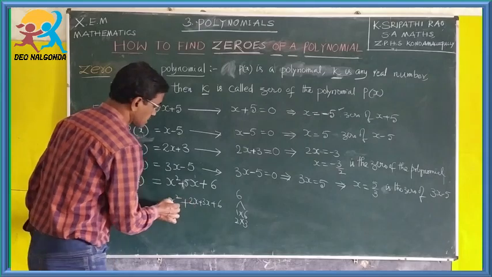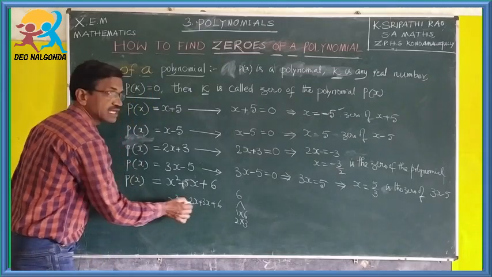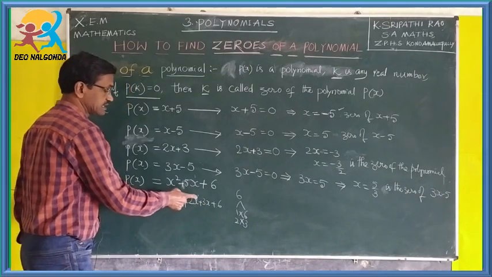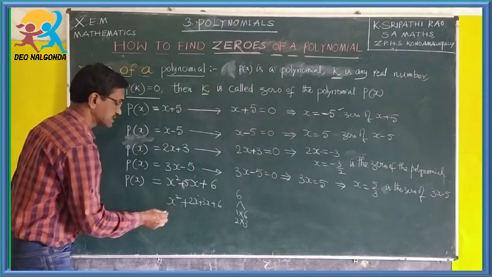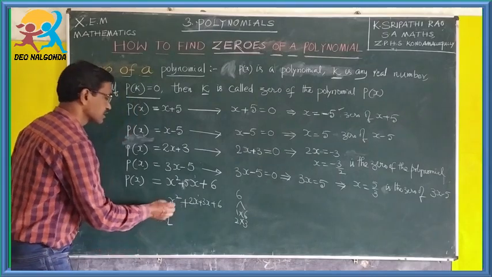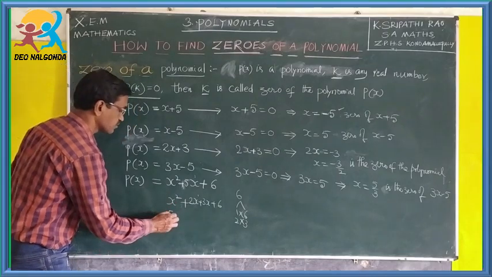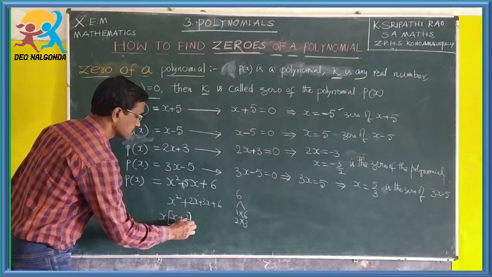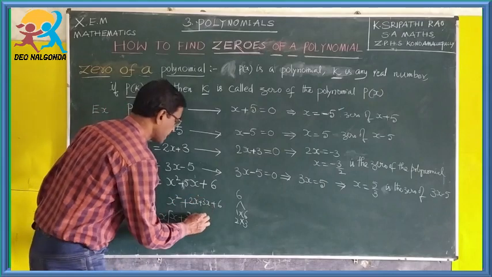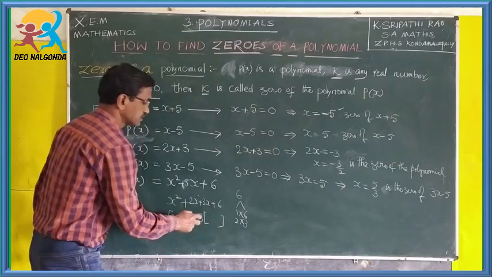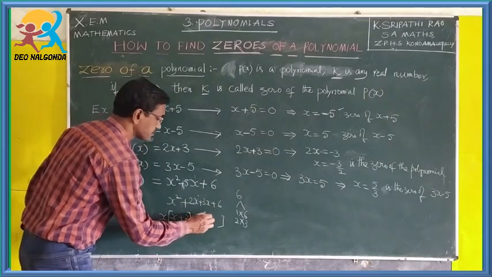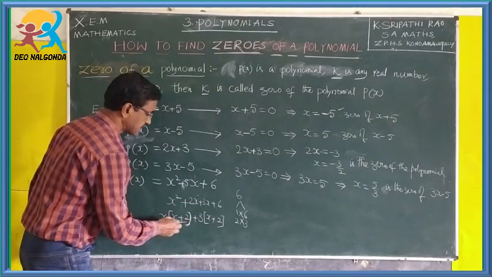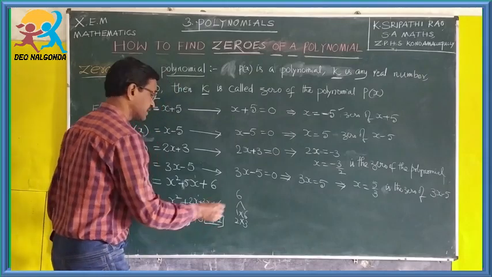Now, what is the common term in these two terms? x square is here, 2x is here, so x power 1 is the least and x square is the highest. So take x as the common factor. Divide x square by x, we get x. 2x by x is 2. Then 3x by 3x is 1, and 6 by 3 is 2, so x plus 2 is again a common factor.